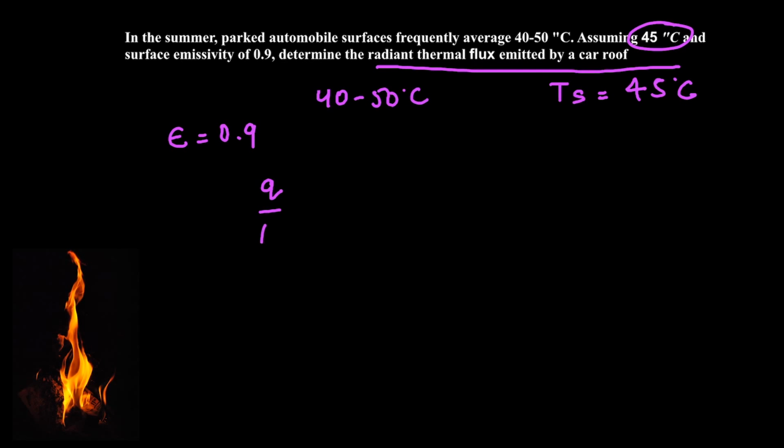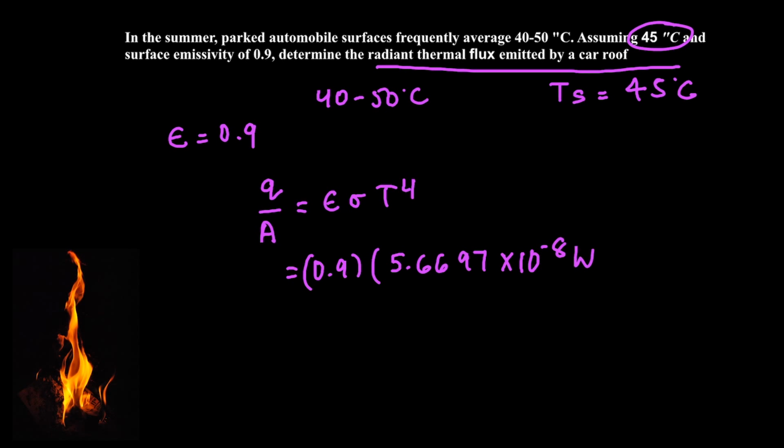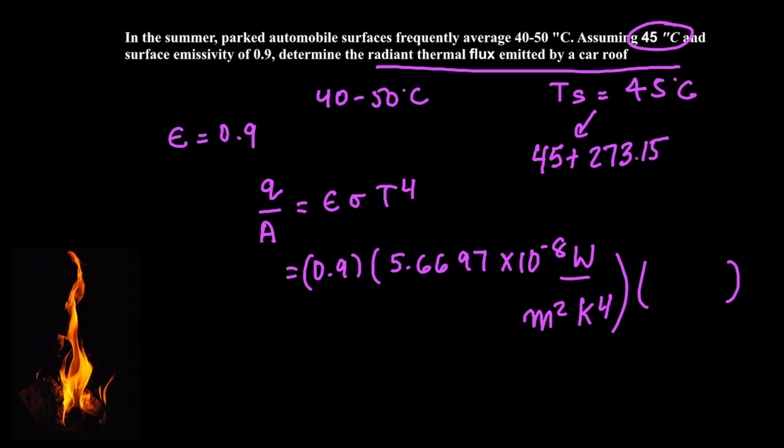So this is the same idea. It's the same problem. Q over A equals E sigma T to the fourth. And we know emissivity is 0.9. Stefan constant 5.6697 times 10 to the negative 8 watts per meter square K to the fourth. This is surface temperature, which is 45 plus 273.15.